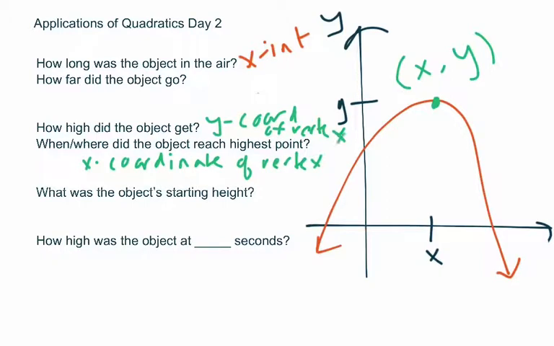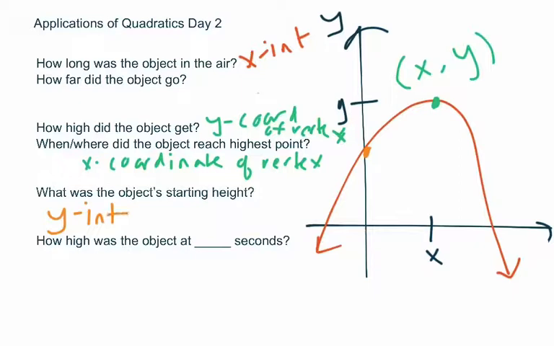So we have the y and the x coordinate of the vertex. So keep that in mind. How high is you're going to be looking for the y coordinate, and where or when did it reach the highest point would be the x coordinate. And both of them are going to have the idea of how high, the maximum height. What was the object's starting height? Well, that is always going to be your y-intercept.